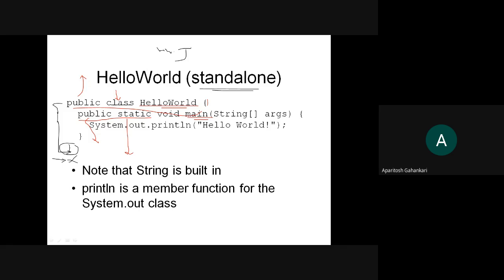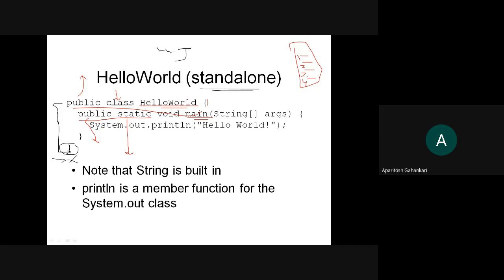Otherwise, in Java, there is a rule that if you want to call a method of a class, suppose this is your class and there are a certain number of methods in this class, say 1, 2, 3, 4, these are the four methods in the class.